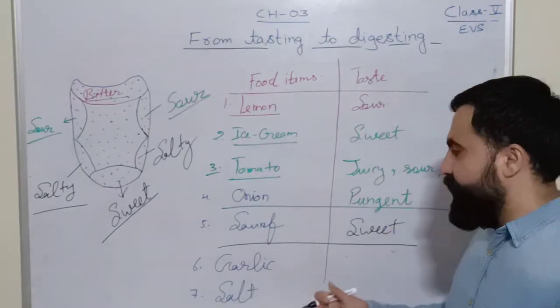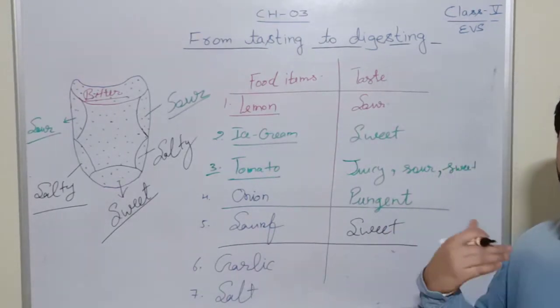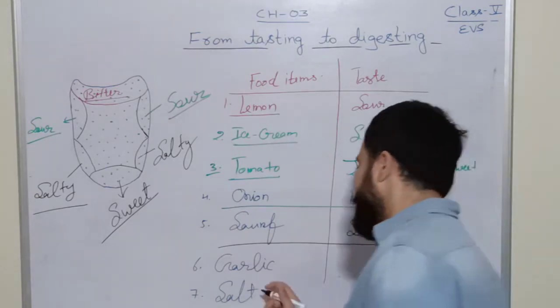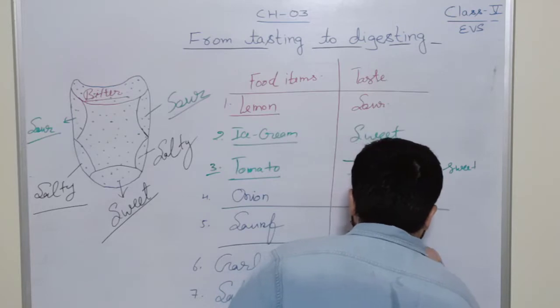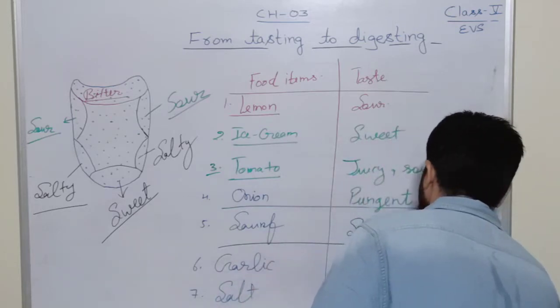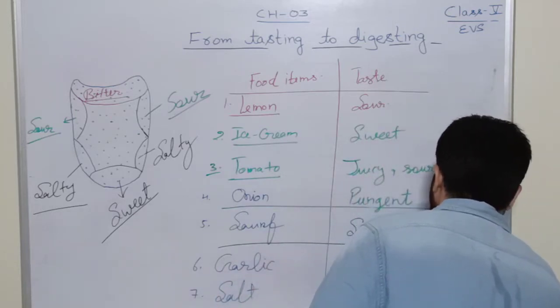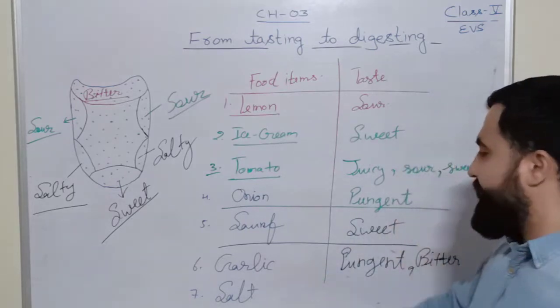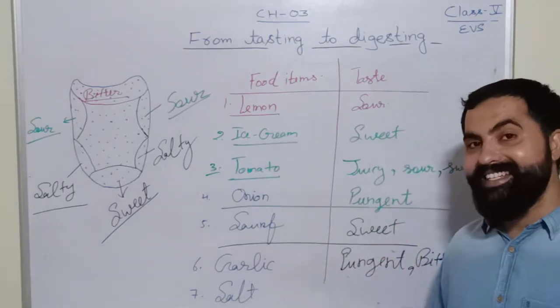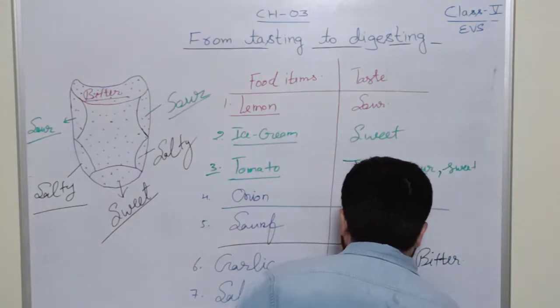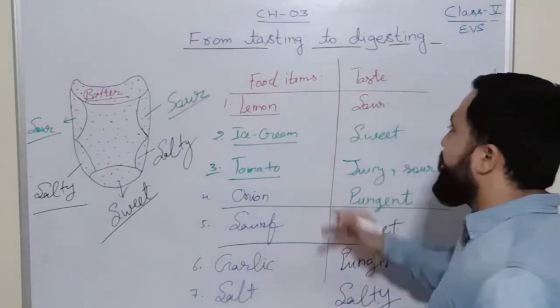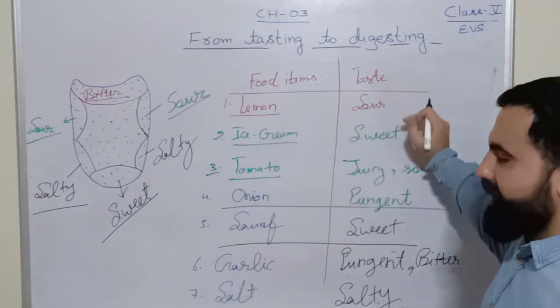Garlic taste is also pungent and bitter. Next is salt, and salt taste is salty. So this is your food item and its taste.